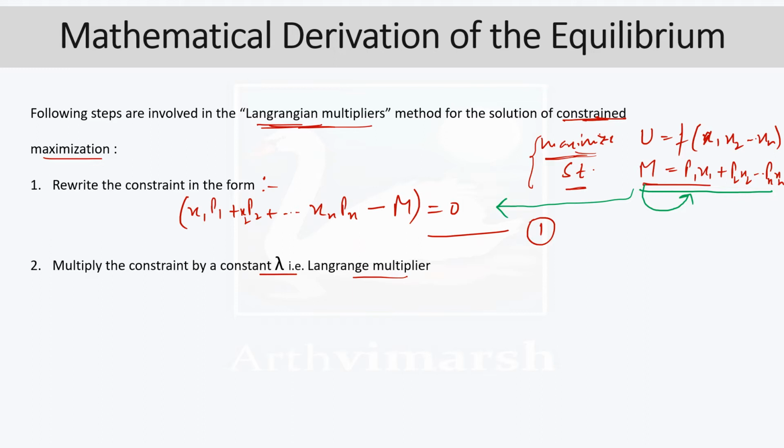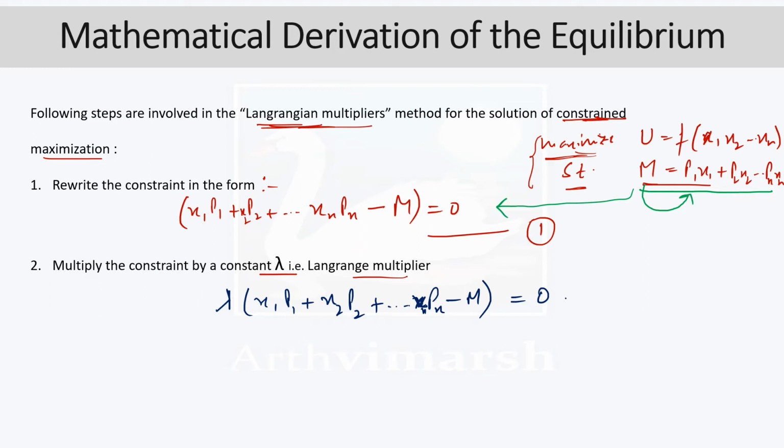It gives us lambda times the quantity times price, so on up to the quantity n times the price n, this is xn pn. And sorry, this will be minus m as well. So this is what we get on multiplying the above constraint.